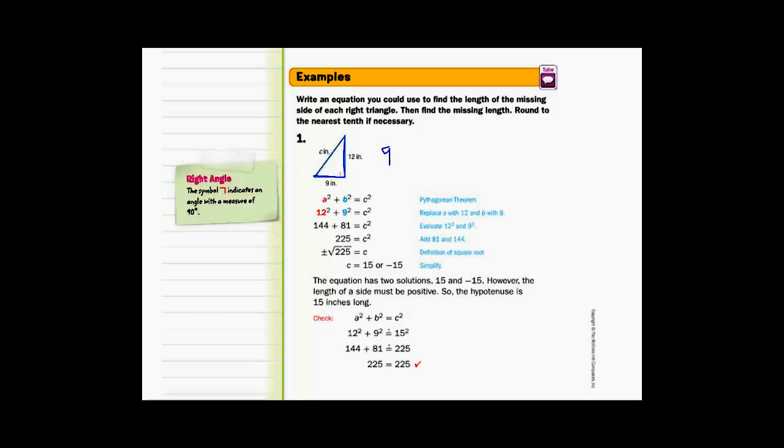So 9 squared plus 12 squared equals the hypotenuse squared. In this case, it's C. So 9 squared, 81. 12 squared, 144. You add those together, you get 225 equals C squared.